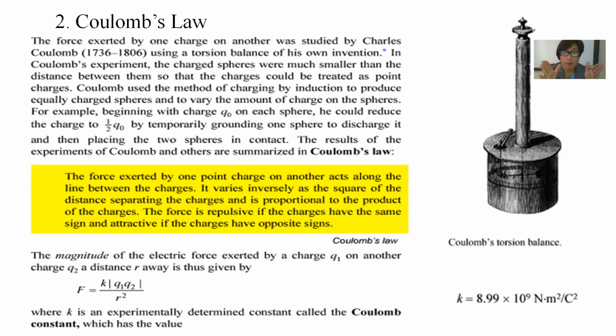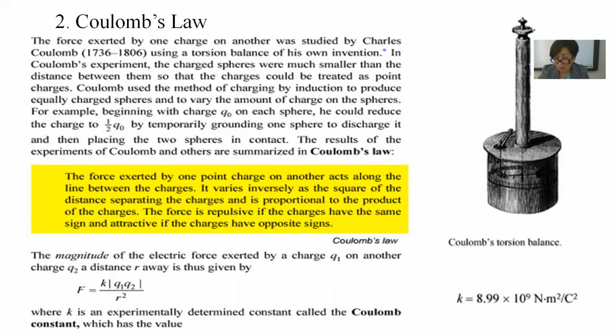The distance between the two electrical charges is R, and the magnitude of the electric force is F equals K Q1 multiplied by Q2 divided by R squared, where K is Coulomb's constant, R is the distance between the two electrical charges, and Q1 and Q2 are the electrical charges.